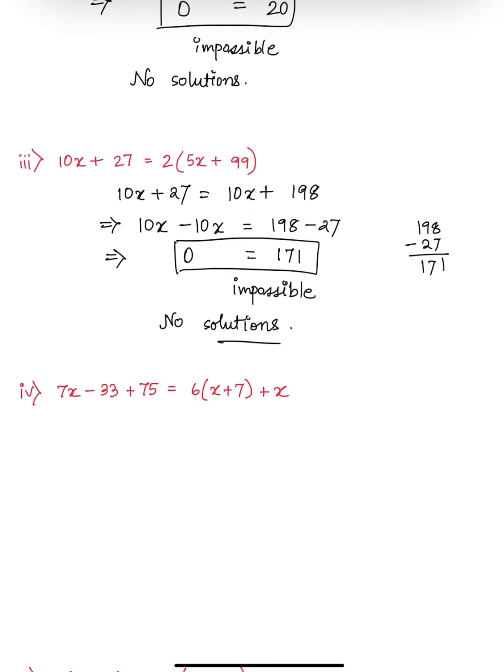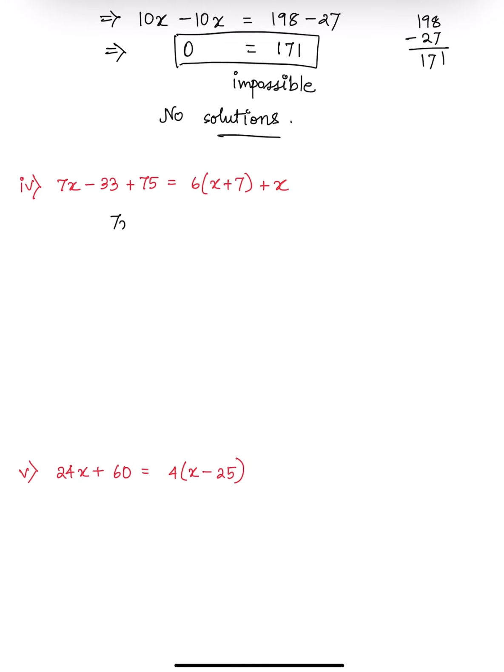Now moving on to the fourth one. So 7x minus 33 plus 75 is 6x plus 42 plus x. Now this gives us 7x. 75 minus 33 is 42, right? So 7x plus 42. 6x plus x is 7x plus 42.